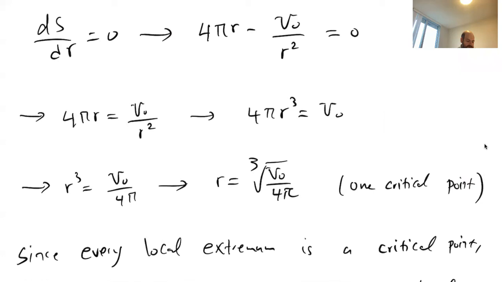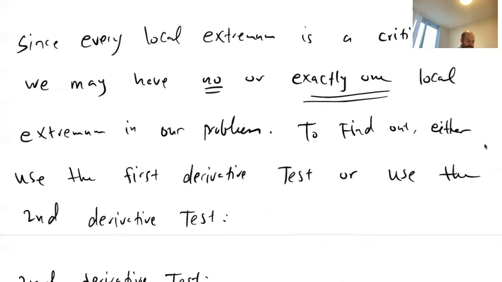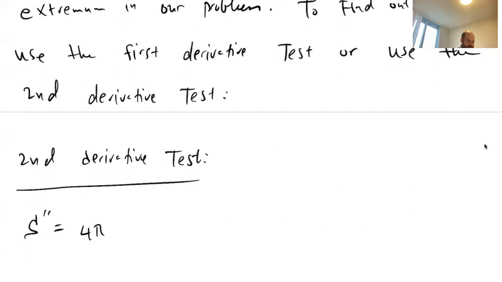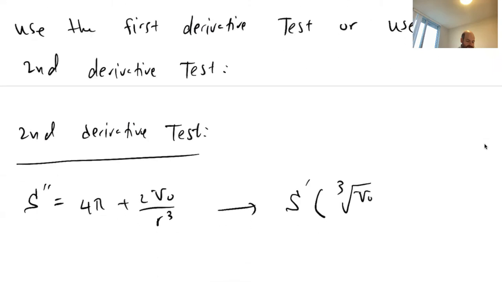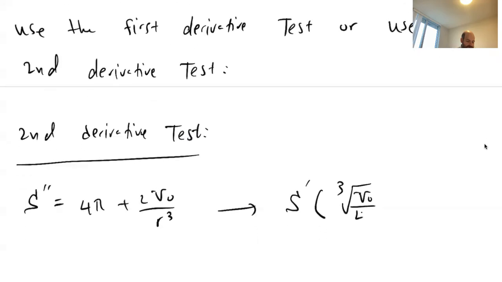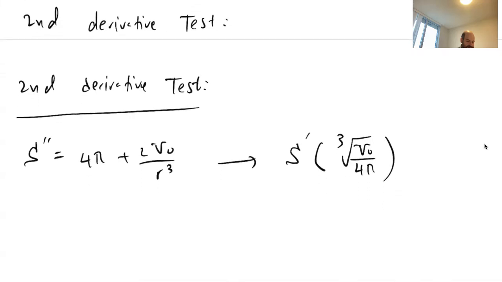S double prime will be the derivative of this, which will be 4 pi plus 2V0 over R cubed. So S double prime at the point R equals the cube root of V0 over 4 pi will be equal to 4 pi plus 2V0 times 4 pi over V0. And the answer will be 8 pi plus 4 pi, 12 pi, which is positive.